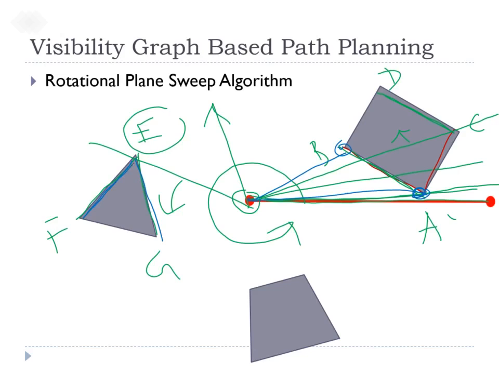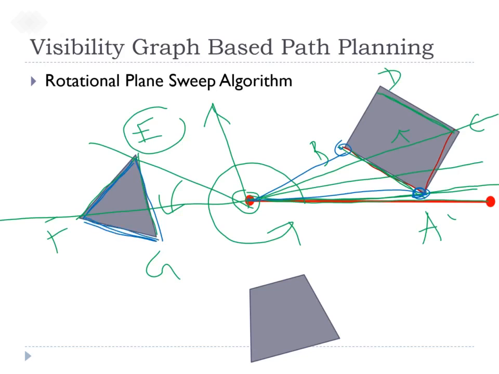And at the same time, when I go further, at this point, EF will be no longer obstructing the vision, but FG, you can see, will start obstructing the vision.